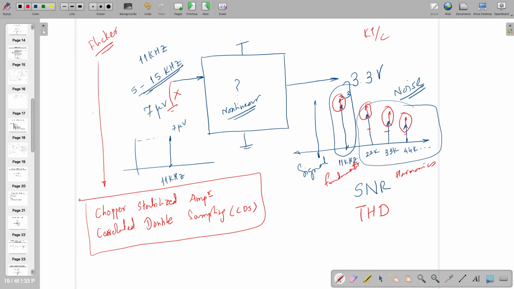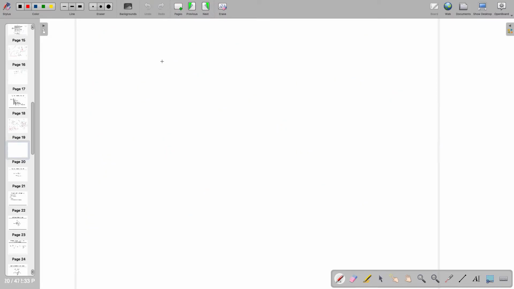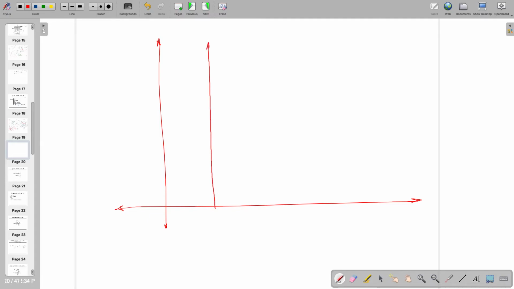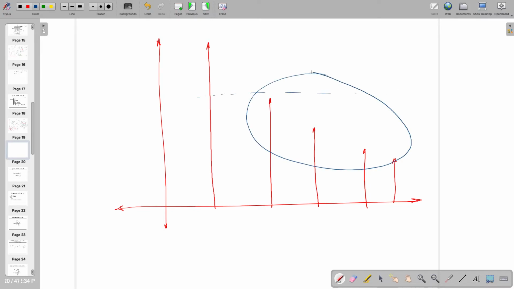However, if it is not in the range, and when I say range, if I want to see 7 microvolt as an input, and I know that in total this is around, let's say, 700 microvolt, and this is around 3.3 volt.